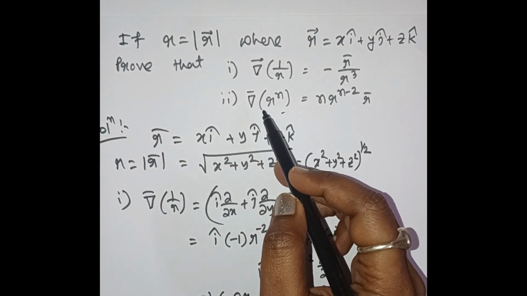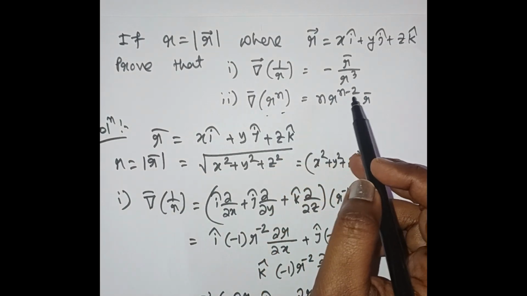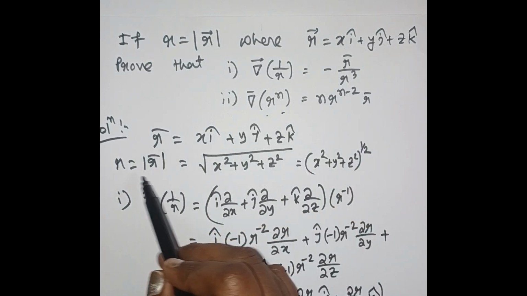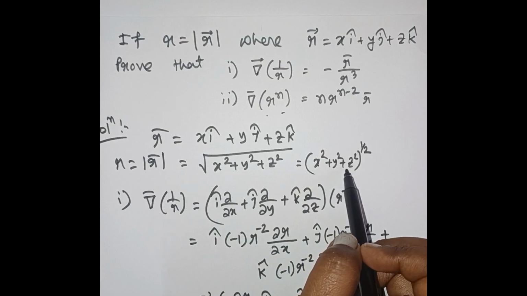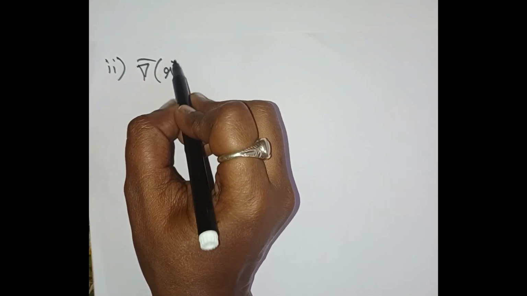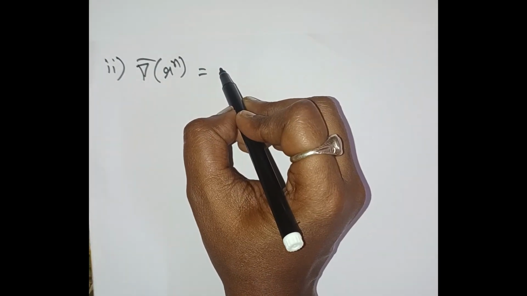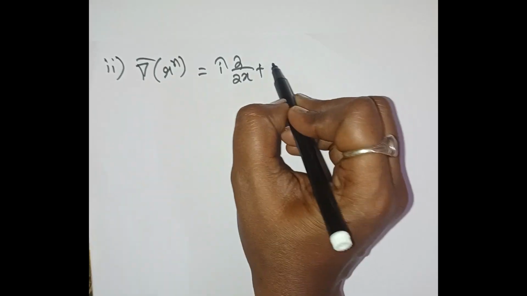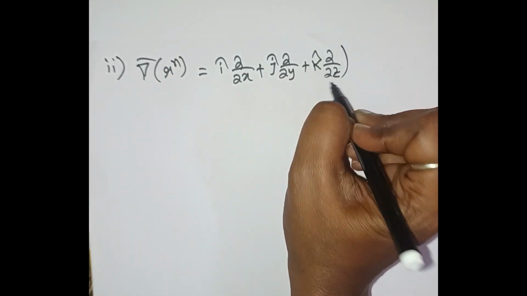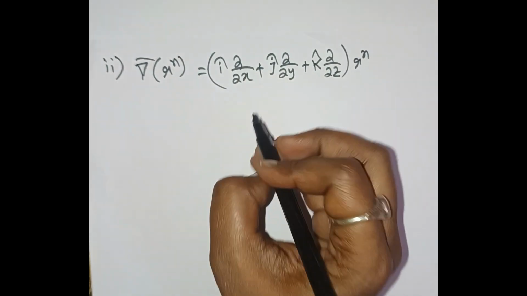Now the next one is grad of r power n equal to n r power n minus 2 r vector. We will do it in a similar way. So r vector is this and small r is the absolute value, that is this one. So we will calculate grad of r power n. Let's start. Grad of r power n, that is i del del x plus j del del y plus k del del z with r power n.